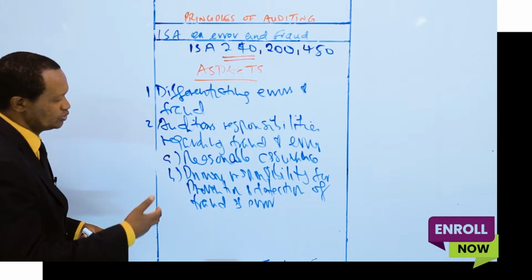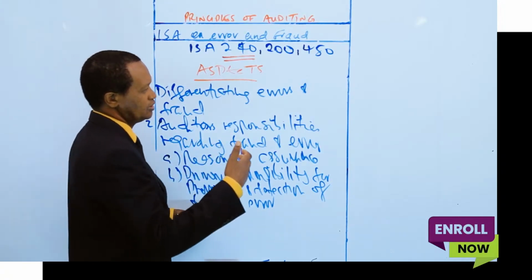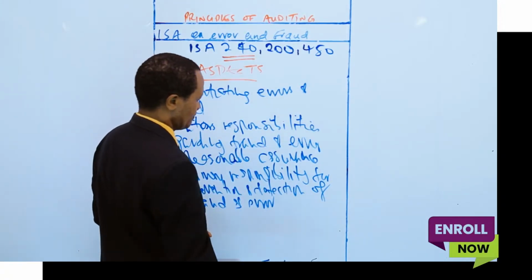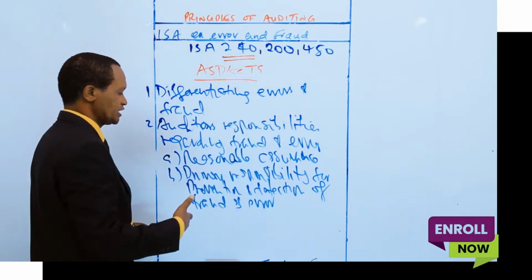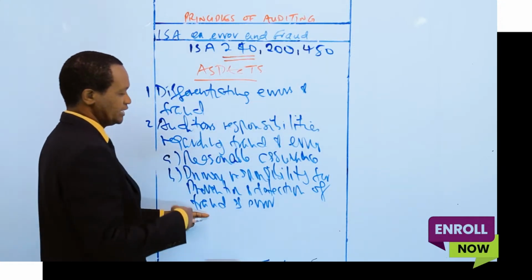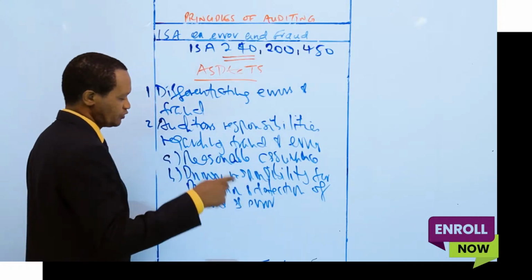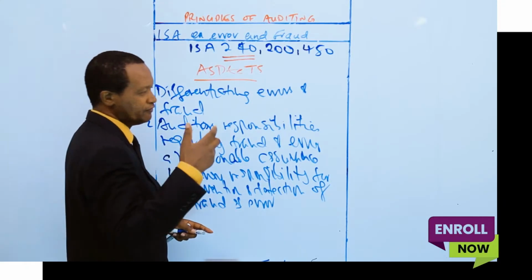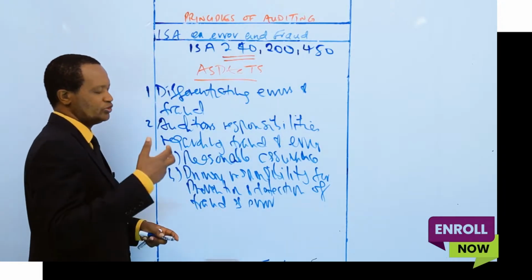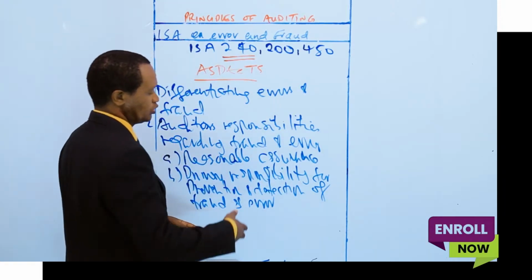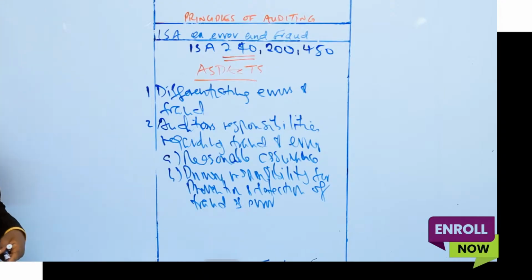It's very easy to detect error as compared to detecting fraud, because fraud naturally is intended to be concealed. Those who perpetrate fraud do it in a very sophisticated way. They do it through forgery, through collusion and all that. You understand?